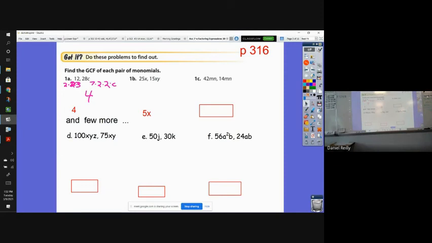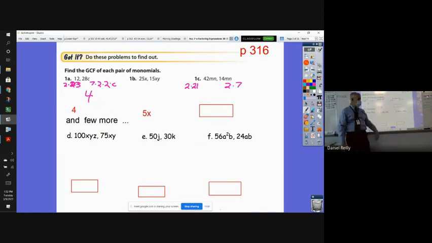Now 14mn and 42. The greatest common factor is 2, 2 times 21, 2 times 7. If you factor out 2, can you go further than that?